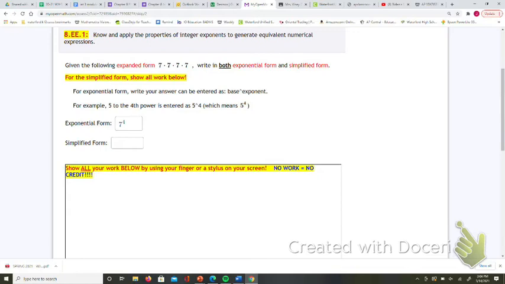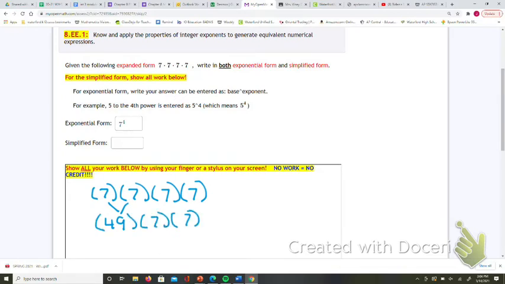Well, we're doing 7 times 7 times 7 times 7. 7 times 7 is 49. So then we need 49 times 7 times 7. Now we need to do 49 times 7.